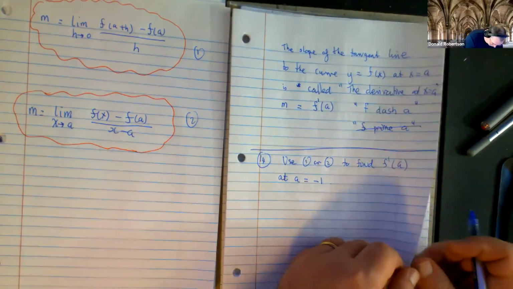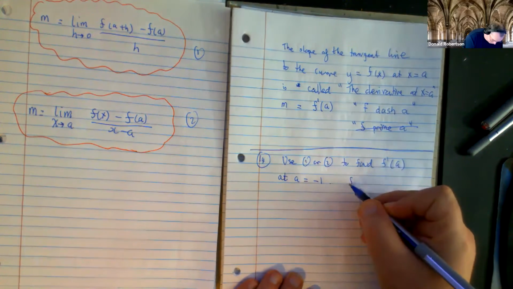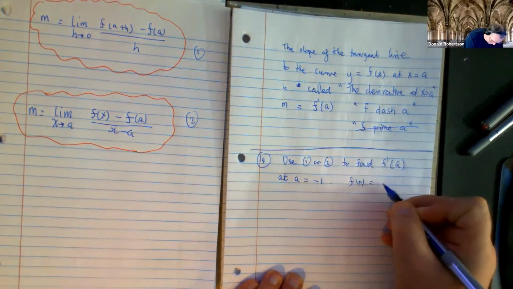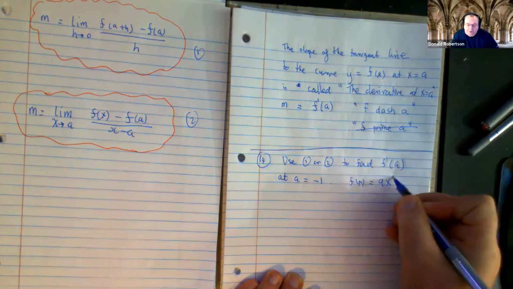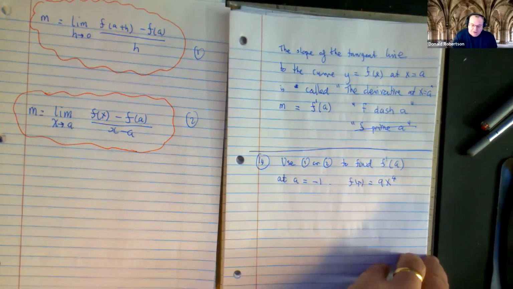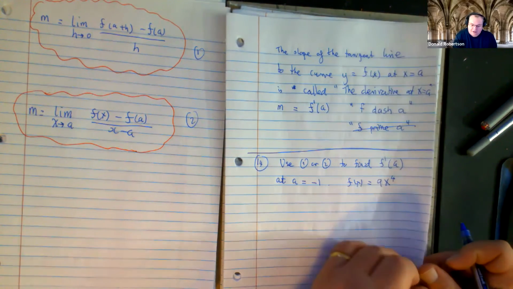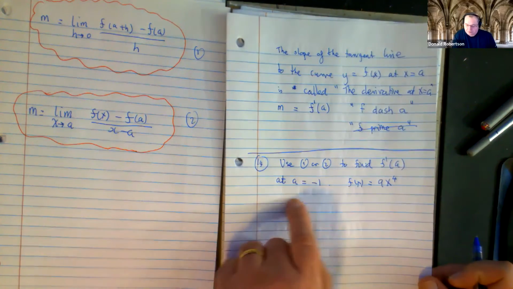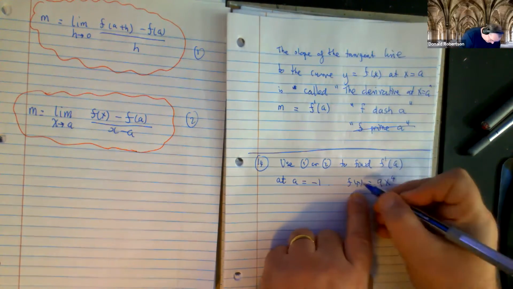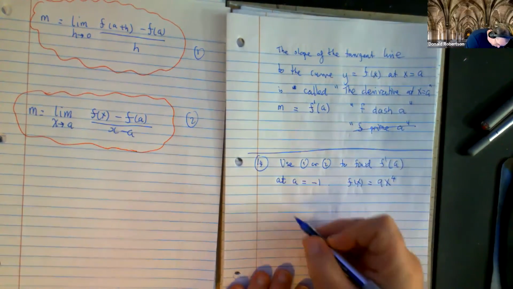Then they'll tell you a function. It's a horrible looking one you start with. So we are going to find f dash of a at a equals -1, and this is going to be the function. It's actually more efficient to just say this.